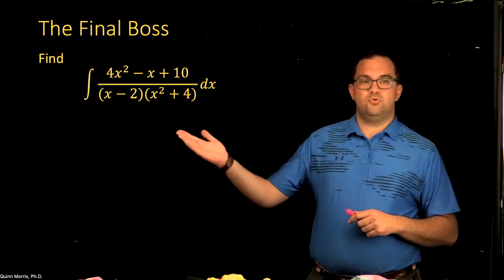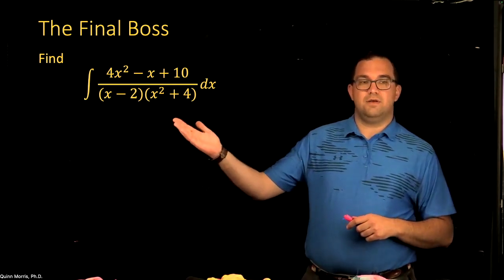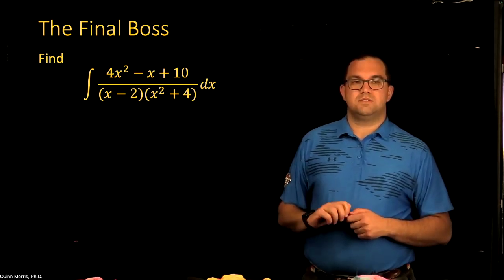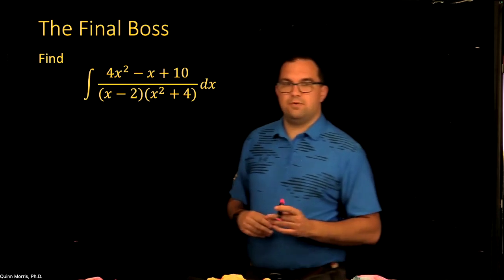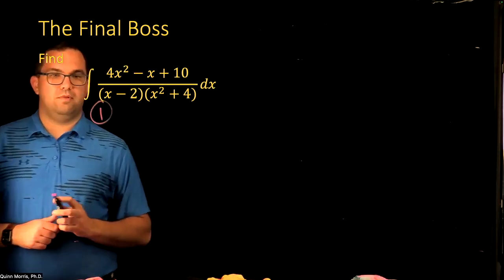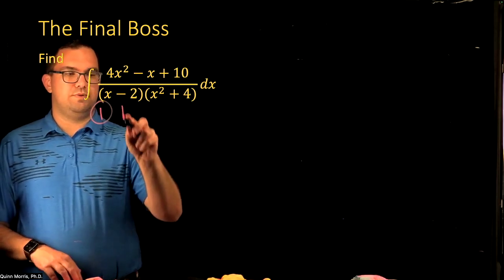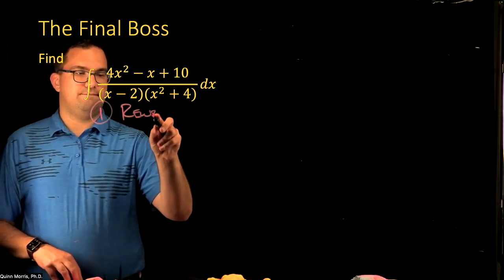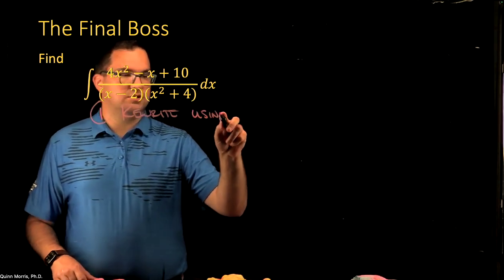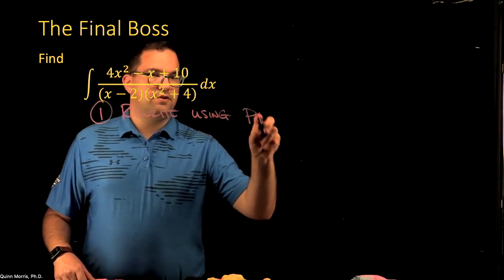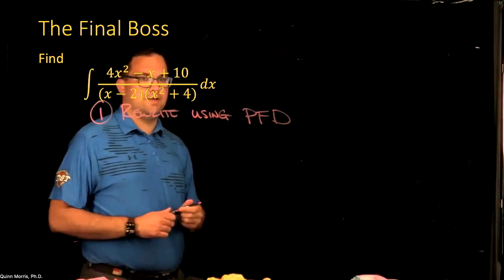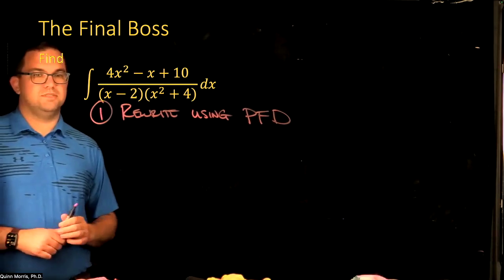So imagine that you were asked to find this antiderivative, to compute this integral. Just to see how we would get started, anytime we're dealing with this sort of problem, our first step is going to be to rewrite using partial fractions decomposition, which I will often abbreviate as PFD, not personal flotation device, but partial fractions decomposition.